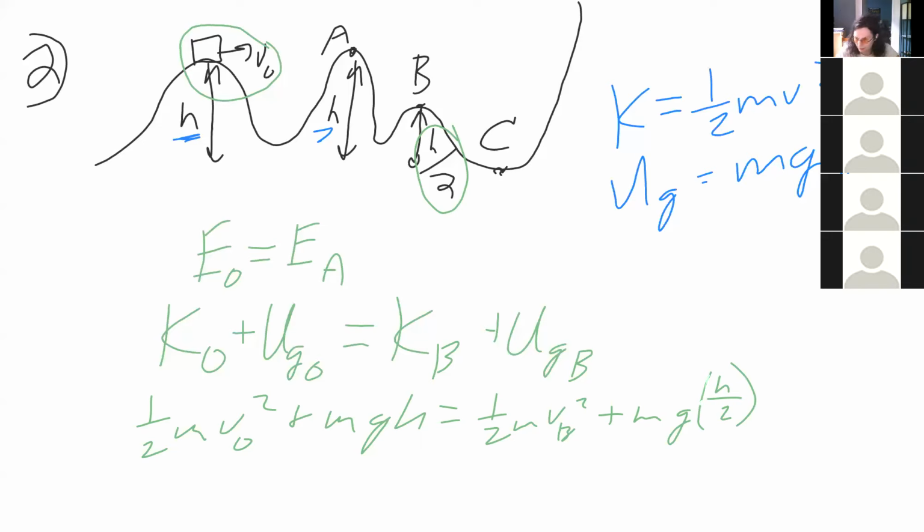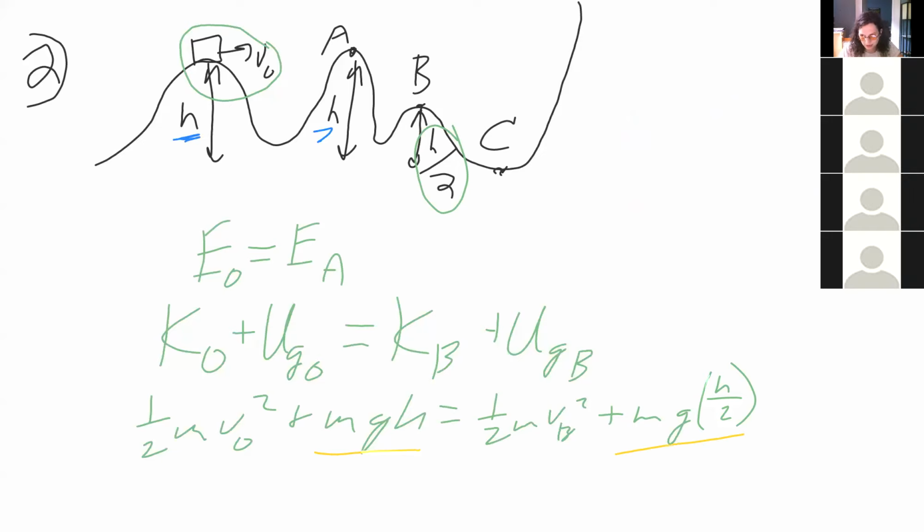So here I'm actually going to have to do a little bit more of a calculation than I had to do before. What you'll see is that we have an mgh on the left-hand side, and we have an mgh on 2 on the right-hand side.